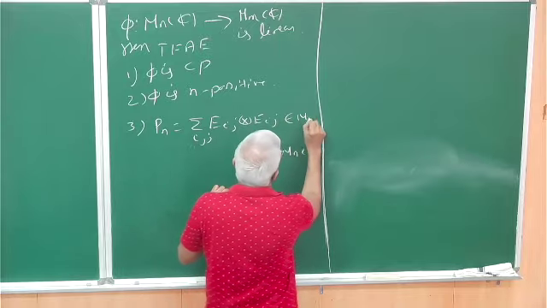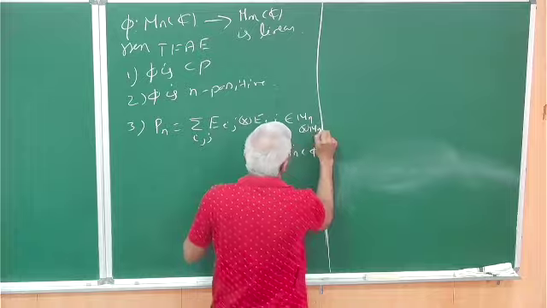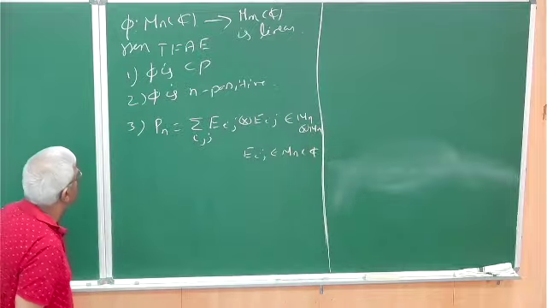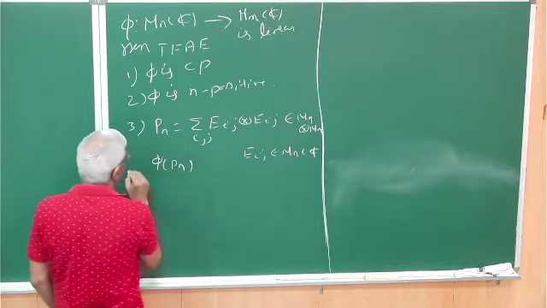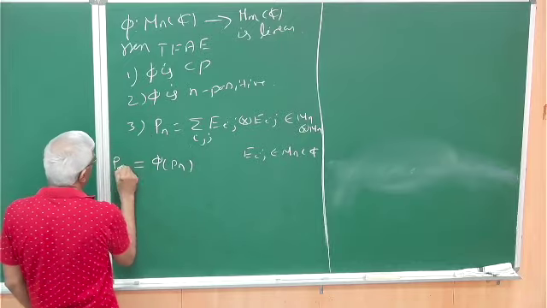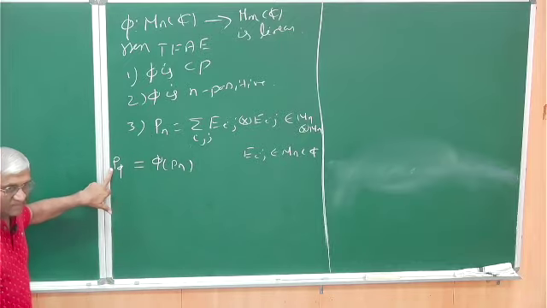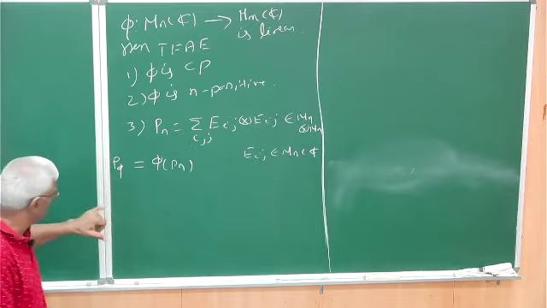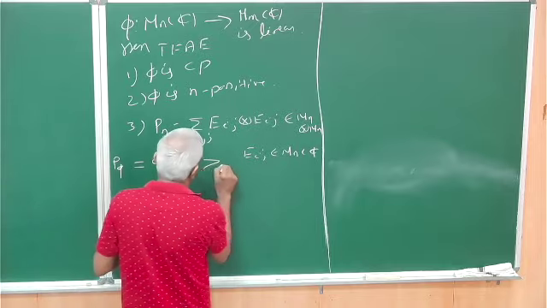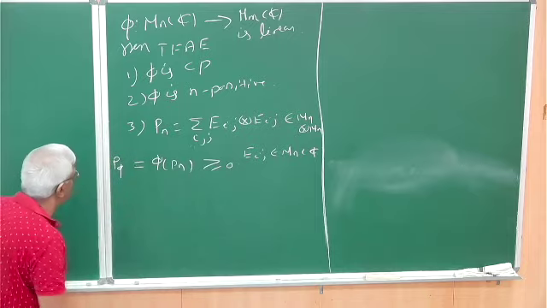This is in MN tensor MN, and then it is enough if P of Pn, which we call P phi or something, is greater than or equal to 0. This P is misleading. We will think that P is a projection. It need not be a projection.